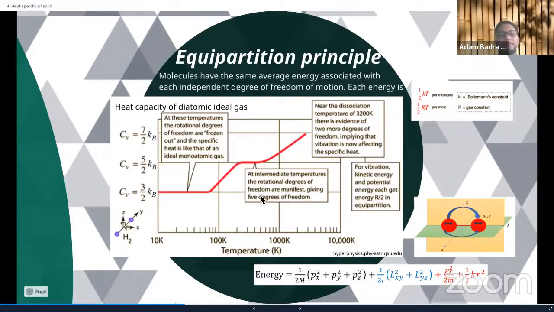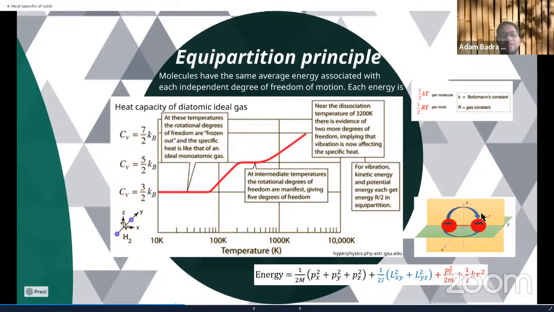At room temperature, the hydrogen molecule has additional energy: not only translational, but it can also rotate. Like your mobile phone, you can rotate it in this direction and the other direction. So it can rotate in two directions, in the XY plane and the YZ plane, but not around its own axis. If you think of a dumbbell, you can rotate here and there, but not along the axis, because, as you remember, the electron is just a cloud, so rotating it doesn't mean anything.